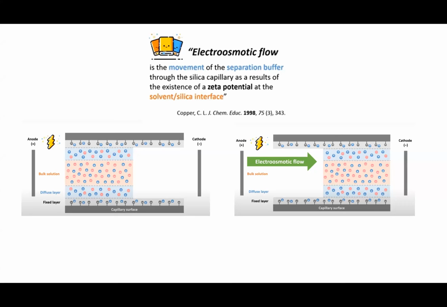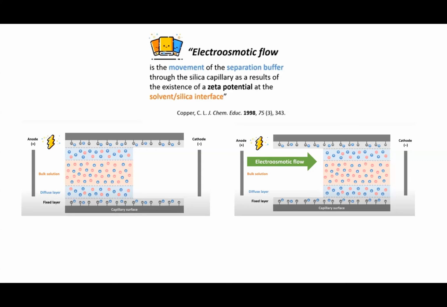The negatively charged capillary surface attracts positively charged cations from the buffer solution. Our capillary is filled with buffer, and these negatively charged silanol groups on the capillary surface attract these positive particles, the cations from the buffer solution.